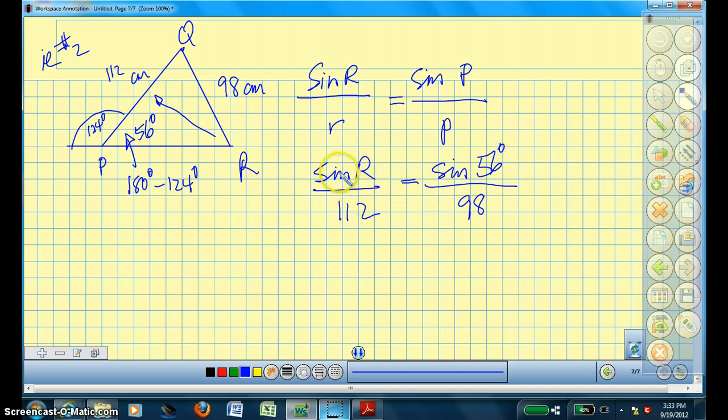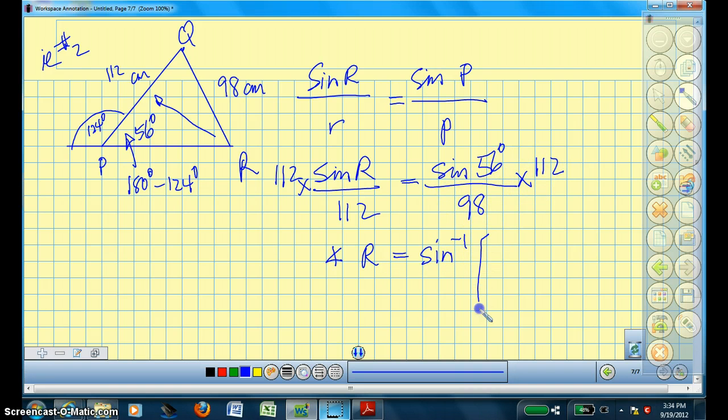I did this on purpose because I know I need to find angle r. That means I need to multiply both sides by 112. Remember, when you're finding angles, we now have to use the inverse trig functions. So that means angle r is equal to sine inverse of this whole expression here.